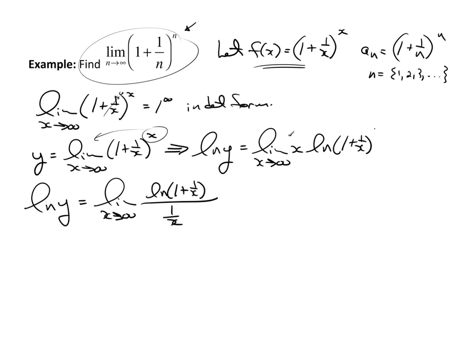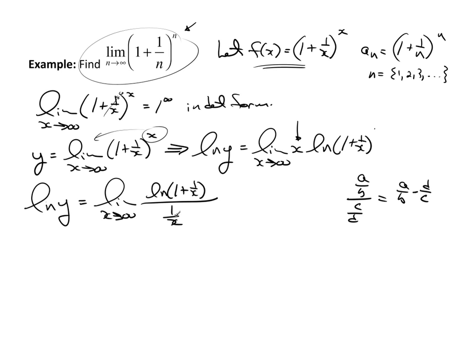See, this 1 over x is this x right here, because a over b over c over d equals a over b times d over c. So I just went the other way and brought 1 over x down. These two are equivalent. Well, now if I take this limit as x goes to infinity, this becomes ln 1, which is 0. This becomes 0 over 0.